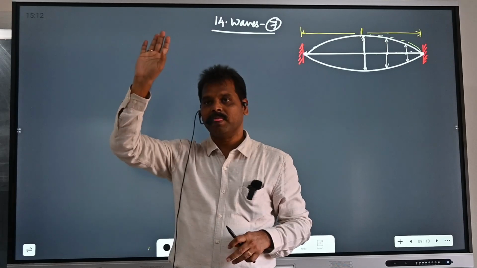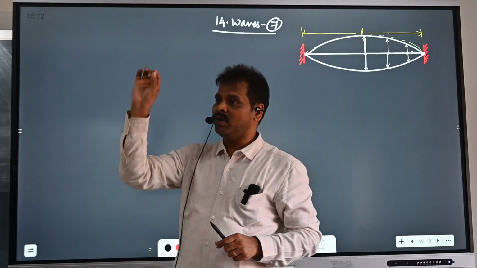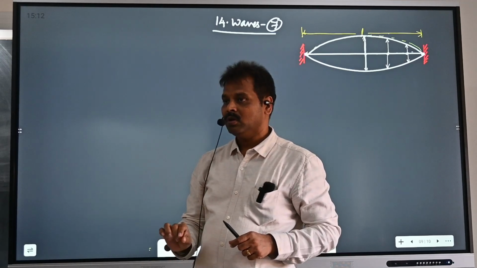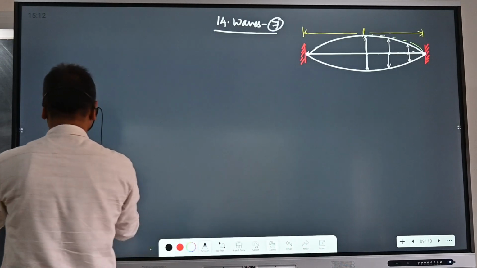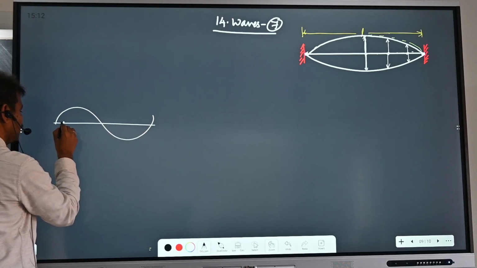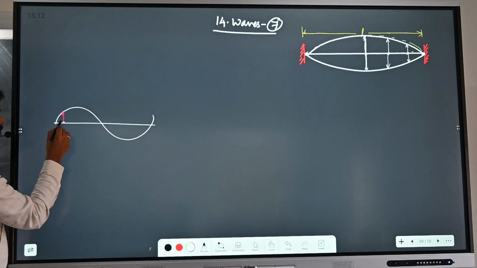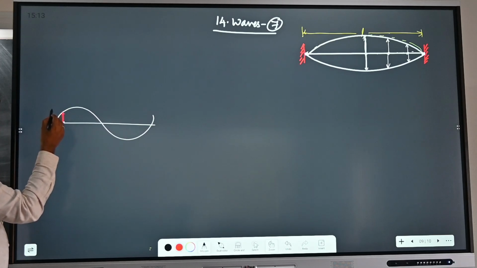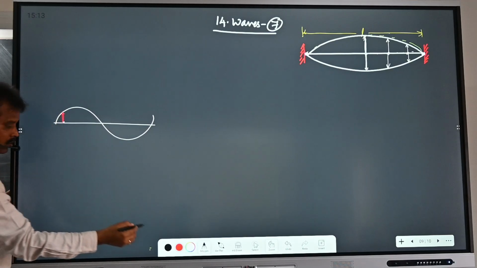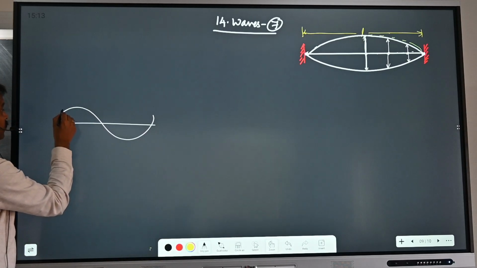In a traveling or progressive wave, each and every particle will have the same amplitude. See, when I am drawing a wave like this, the particle now vibrates up to here. Whether it vibrates only this much or next it may go up, it can go up to here.